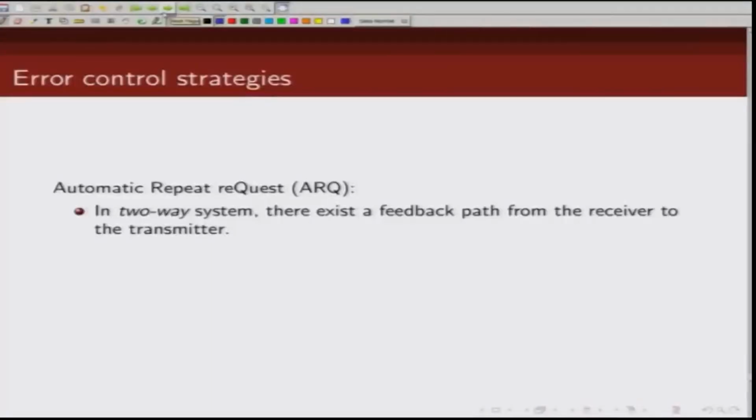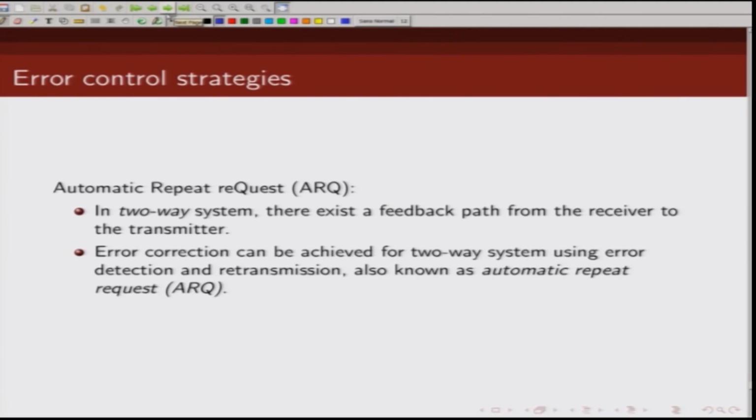Now, in some cases, we have a mechanism of feedback from the receiver back to the transmitter. So, in those cases where there exists a feedback from the receiver to transmitter, we are calling these systems as two-way systems. So, for these systems basically the error correcting strategy which is used is what is known as automatic repeat request. Now, how does this work? So, you initially send some coded packets where you just use parity bits for error detection.